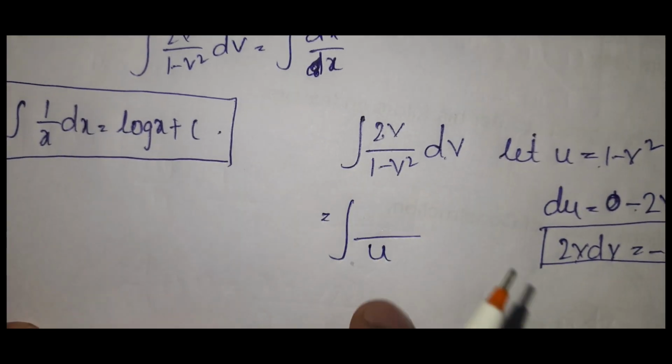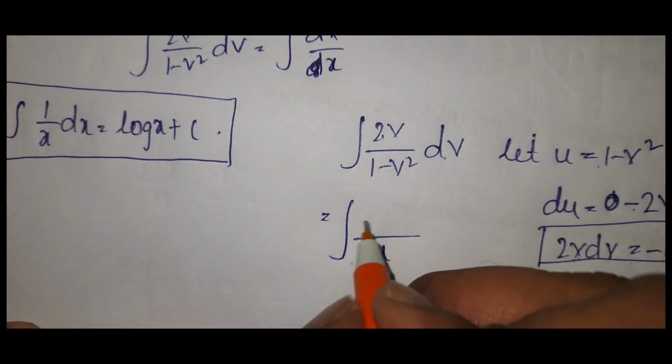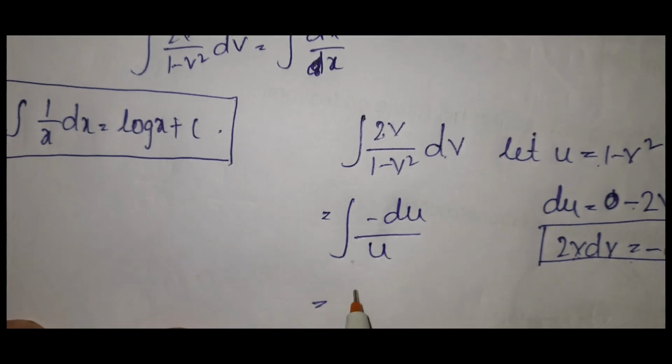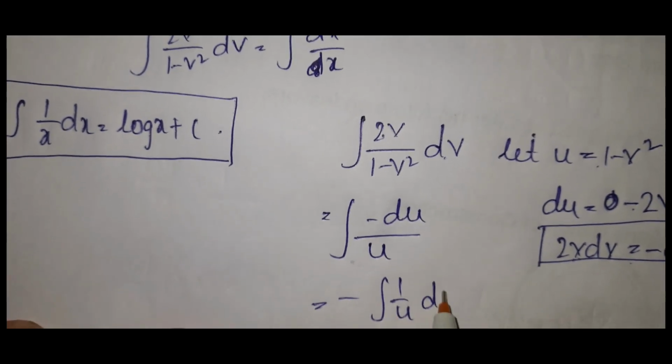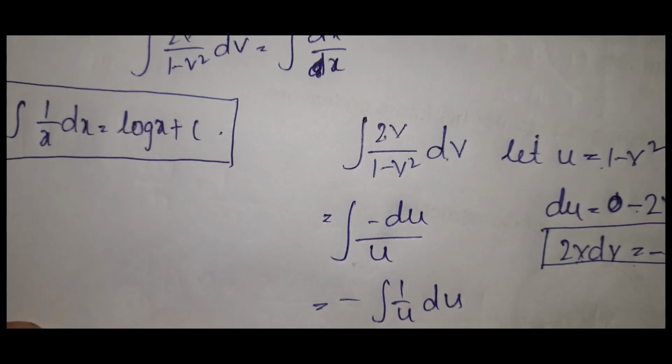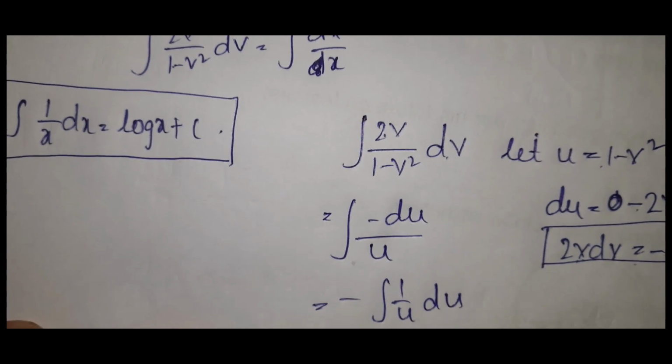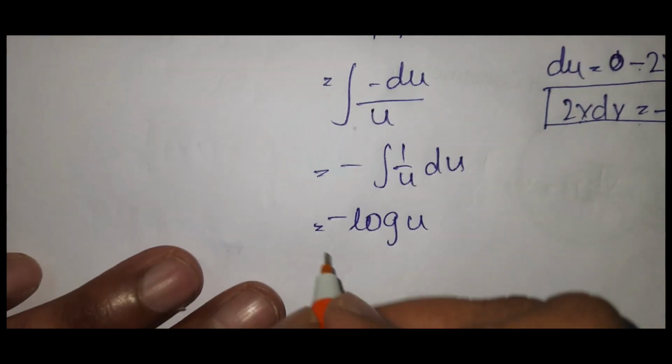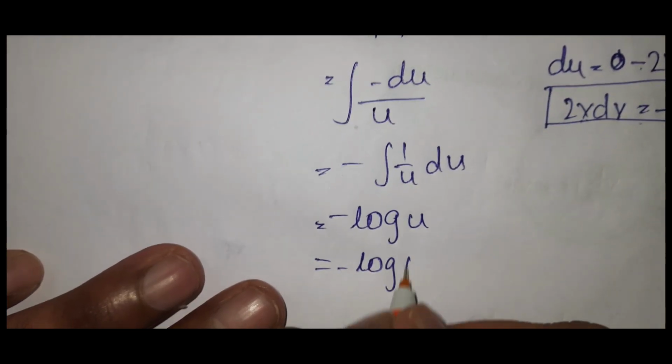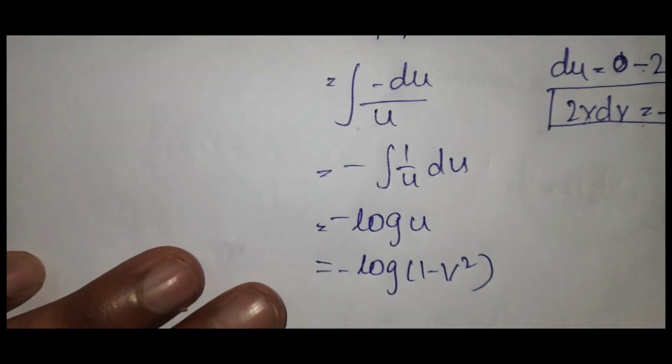1 minus v square is u, 2v dv is minus du, and we know the formula for 1 by u du. I'm sending minus outside, log u, minus log u, nothing but minus log of 1 minus v square.